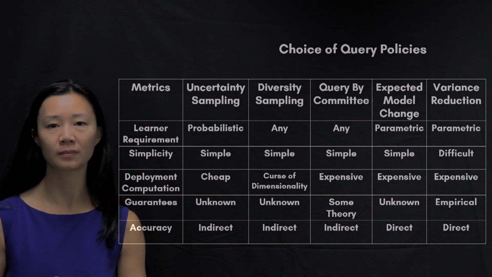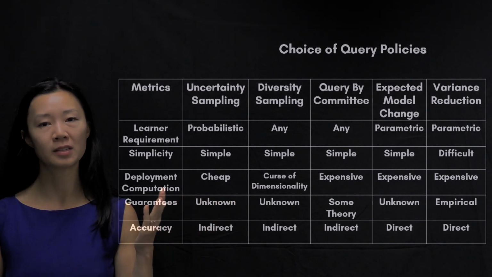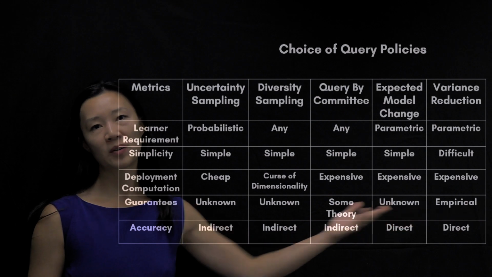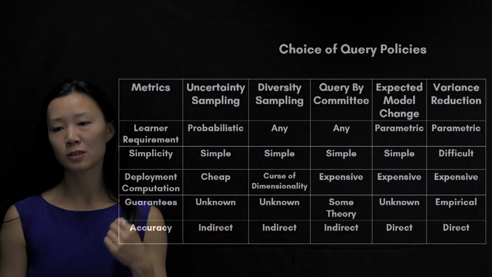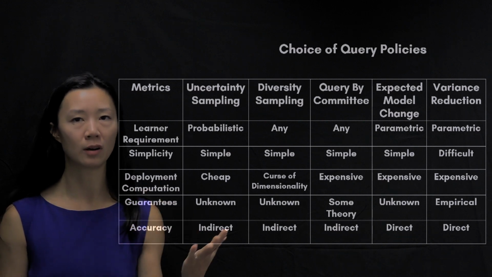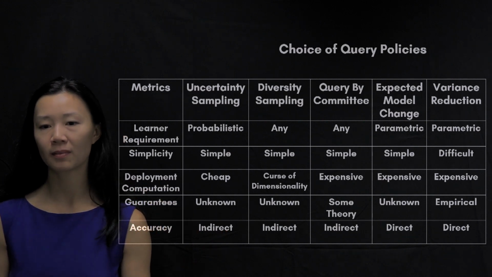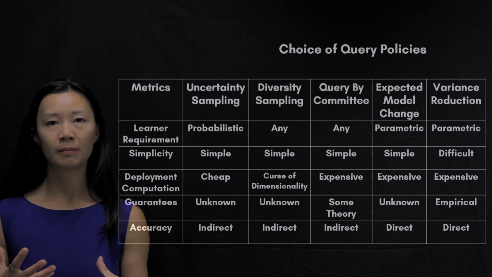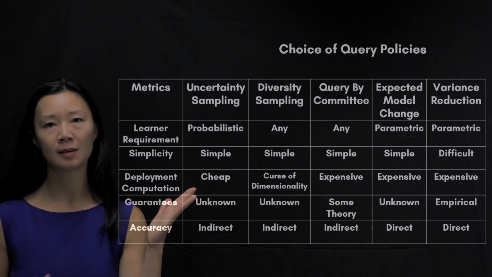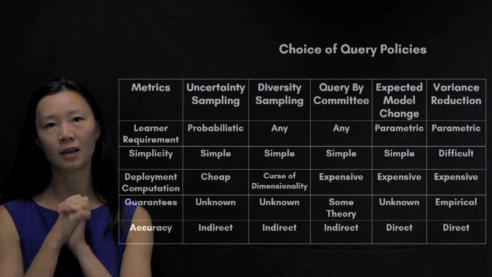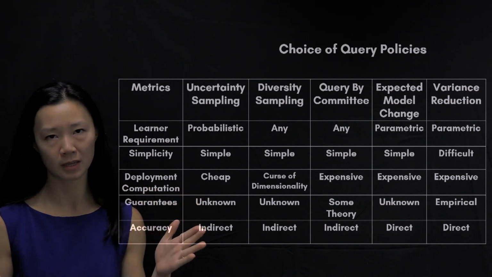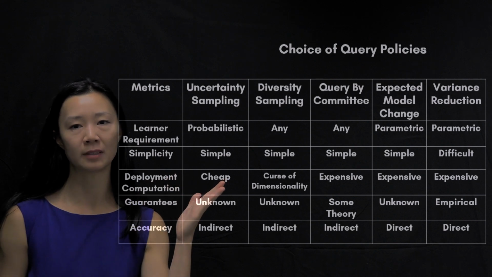For deployment computation, we spoke about this throughout the video, where certain evaluations came along with the model output, but also some were computationally bottlenecked. So for uncertainty sampling, your model should already give you uncertainty across all of the predictions with its mean, and so uncertainty sampling is cheap.